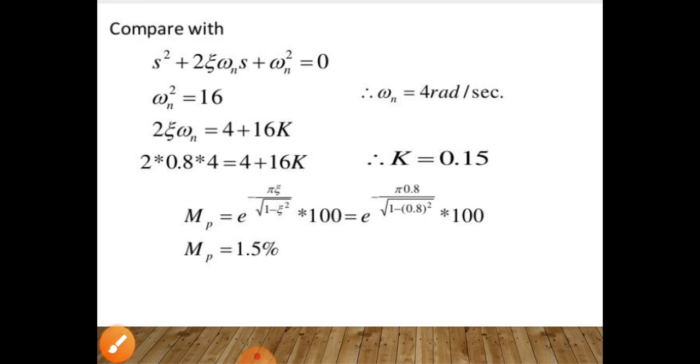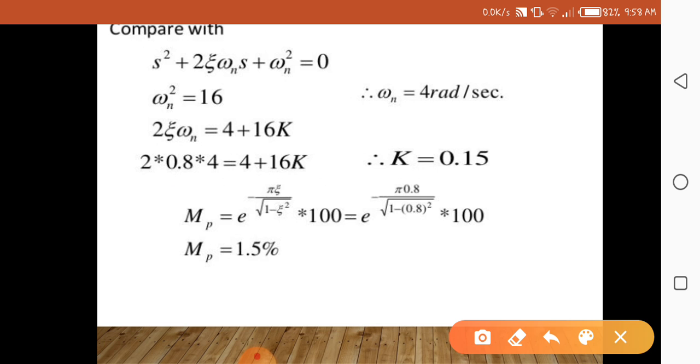Now compare with the second order characteristic equation. We obtain omega n square equal to 16, and 2 zeta omega n equal to 4 plus 16k. So put in the values of zeta and omega n.